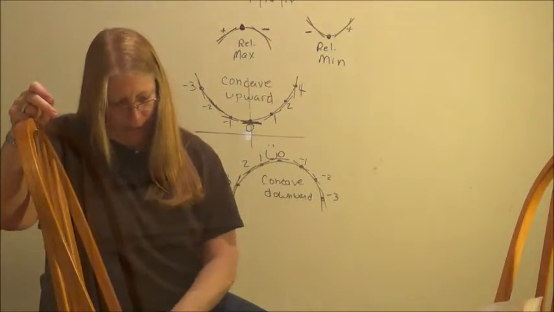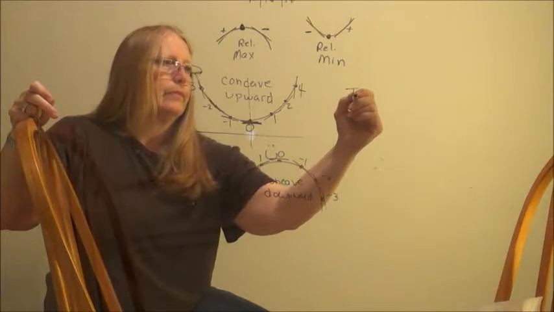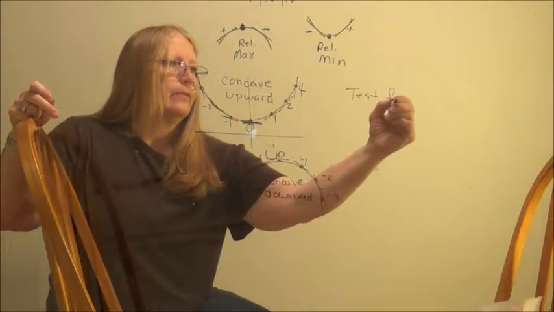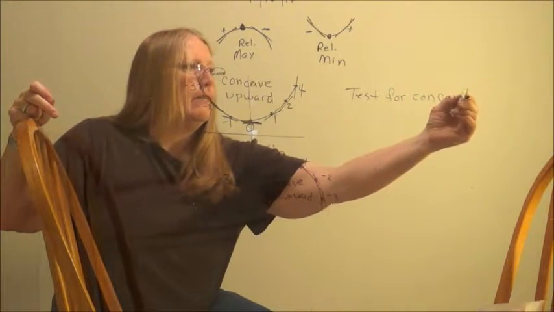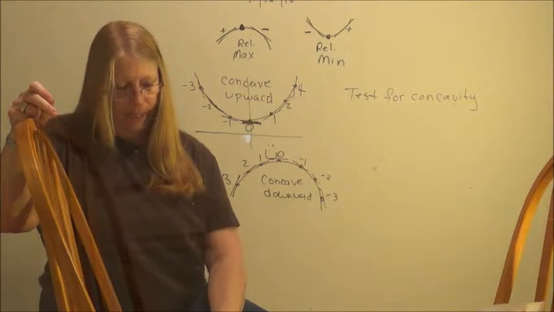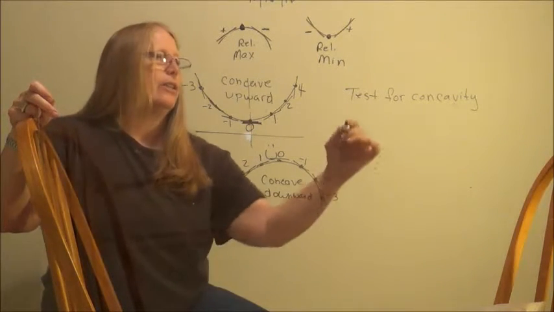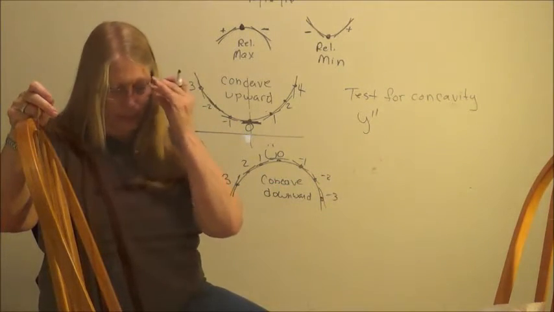And here's how it works. The test for concavity, and when I say concavity, I want to know if it's concave up or concave down. That's the only thing I need to know. And the test for concavity actually uses the second derivative, which is super cool.